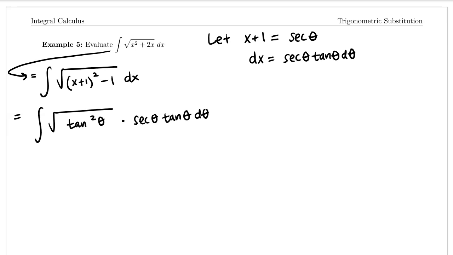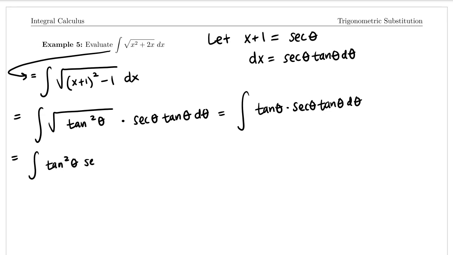And then I can take the square root of that. So we'll get tangent theta times secant theta times tangent theta d theta. And then that gives us tangent squared theta times secant theta d theta.